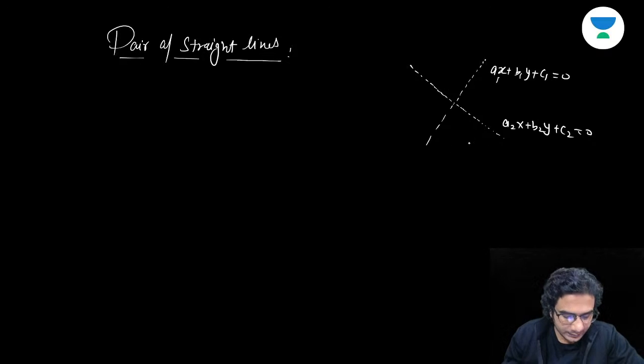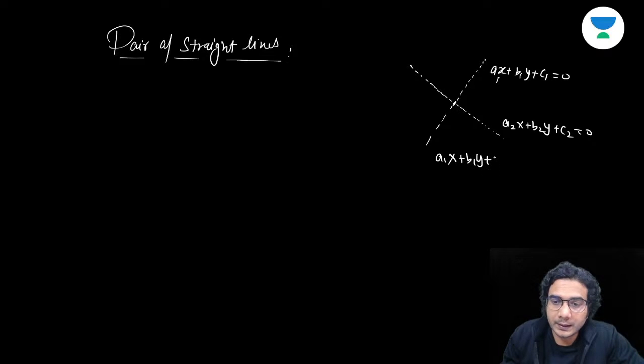If you multiply these two equations, as I told you in the previous session also, then the new equation represents the combined equation of these two lines: a1x plus b1y plus c1 into a2x plus b2y plus c2 is equal to 0.